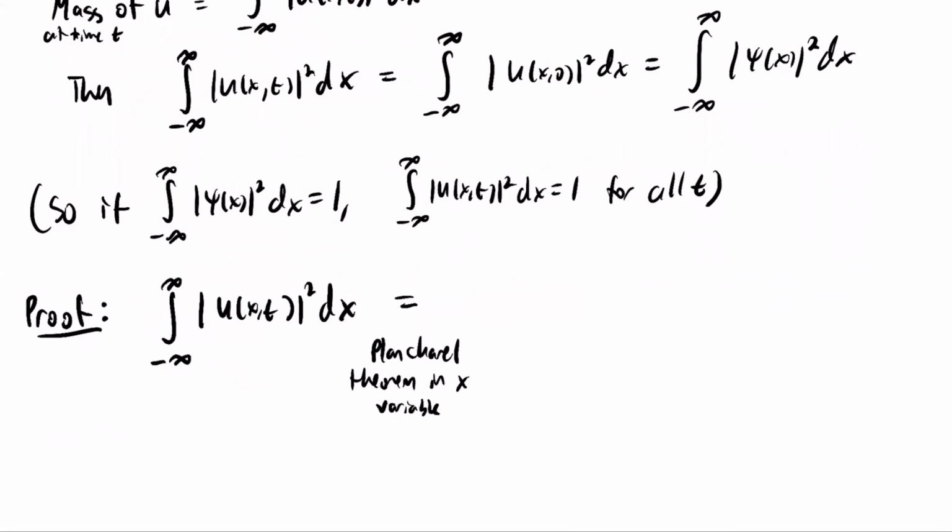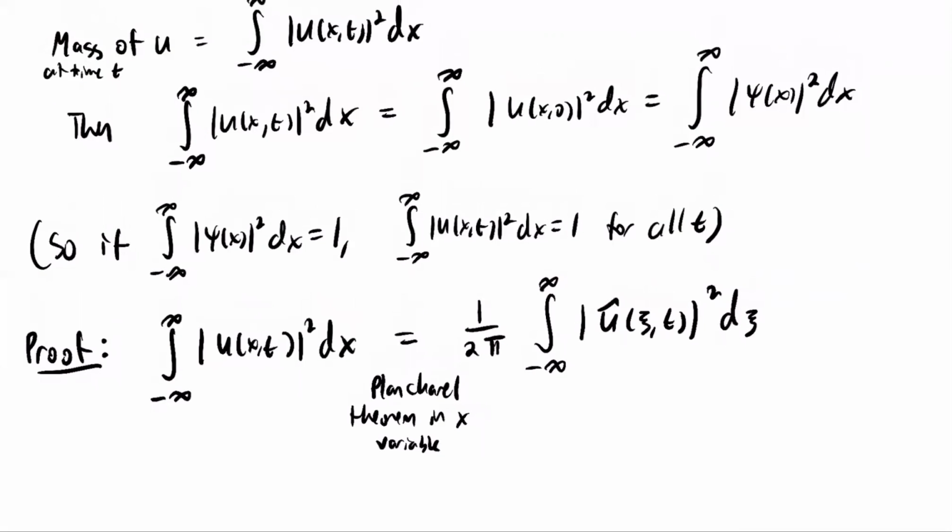So Plancherel theorem says that if I look at the integral of the absolute value of a function squared, this is equal to the integral of the absolute value of its Fourier transform squared times 1 over 2 pi. And so by the Plancherel theorem, this is 1 over 2 pi times the integral from minus infinity to infinity of the Fourier transform with respect to x, with t fixed.